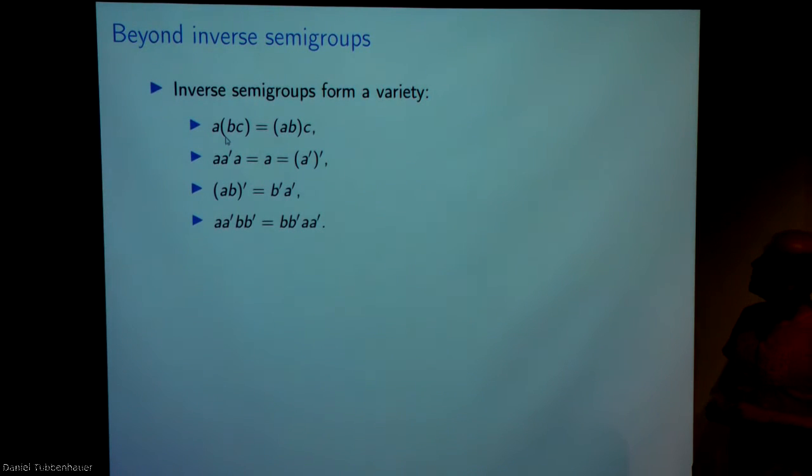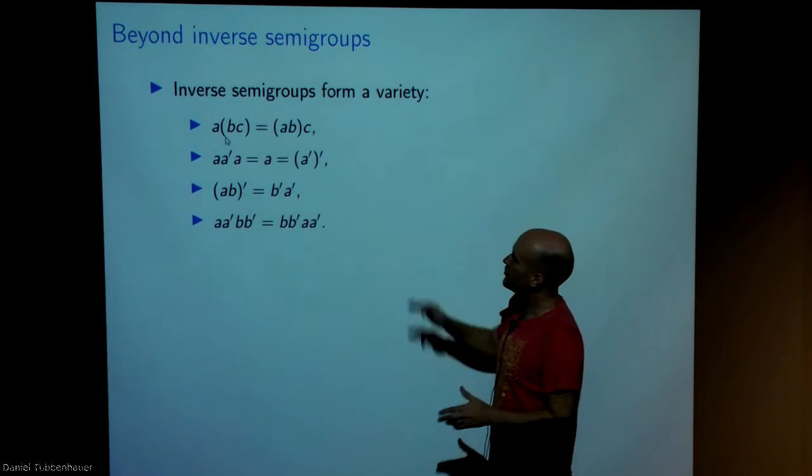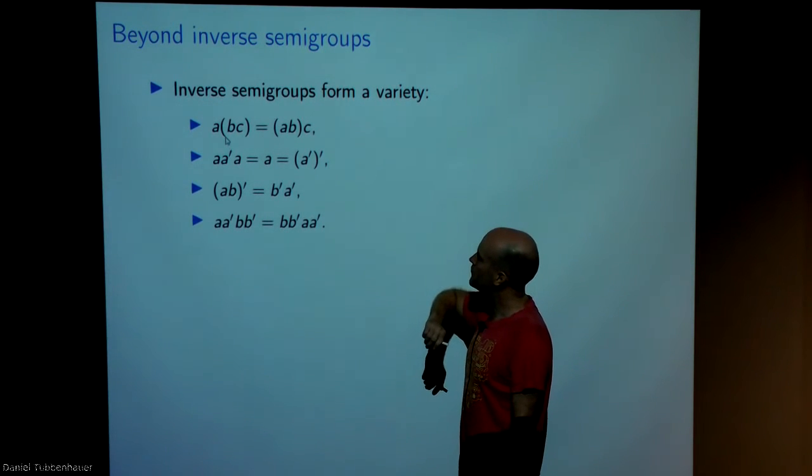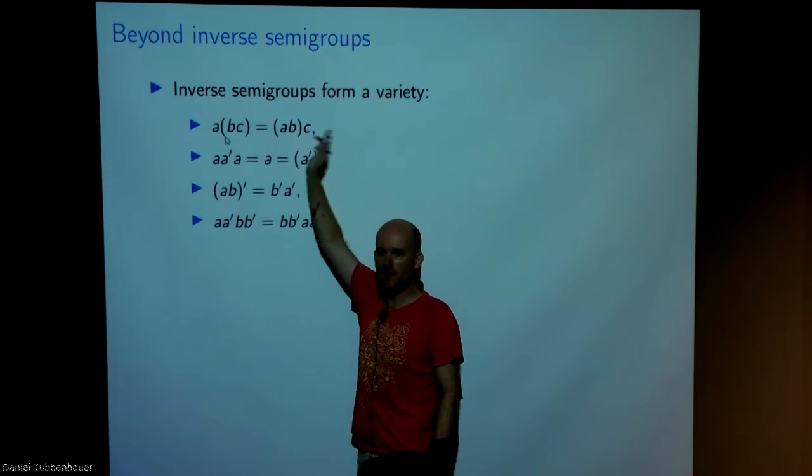All right, so one way to motivate the class of regular star semigroups is to look at inverse semigroups in a different way. So I mentioned that semigroups are just the algebras with a single operation that satisfies the associative law. It's just a single identity.